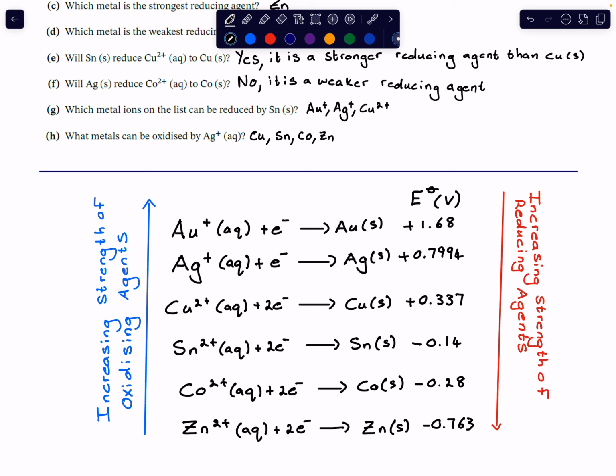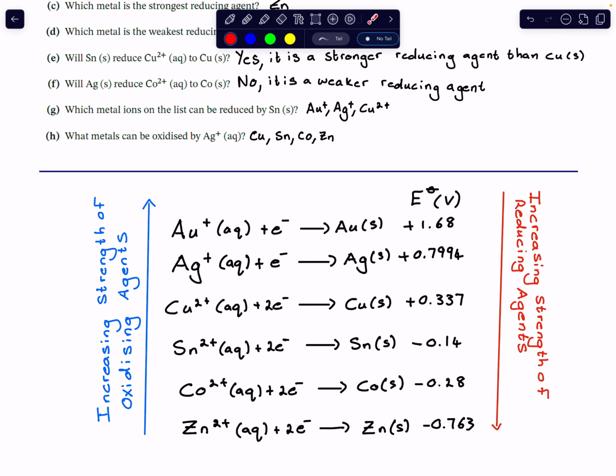Same principle applies. So if you have a stronger oxidizing agent, it can oxidize anything that is below it. So for example, the silver plus is an oxidizing agent. It can oxidize anything below it, so anything on the right hand side that's below it.